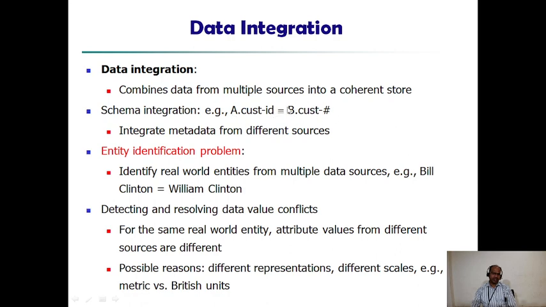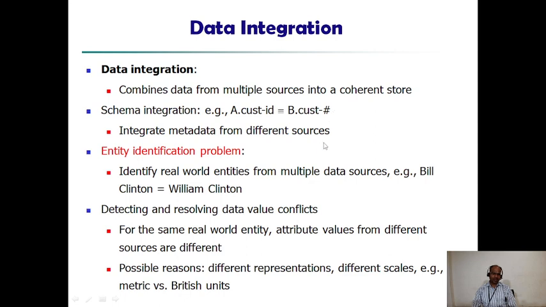When we are integrating these two databases we may have inconsistencies in the attribute names, because here it is id but here it is a hash symbol. So we need to eliminate or smoothen these kinds of incompatible fields.